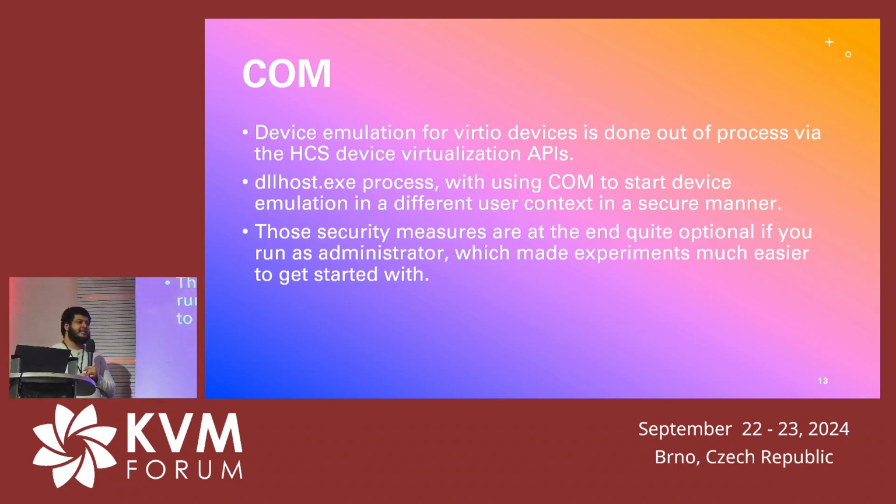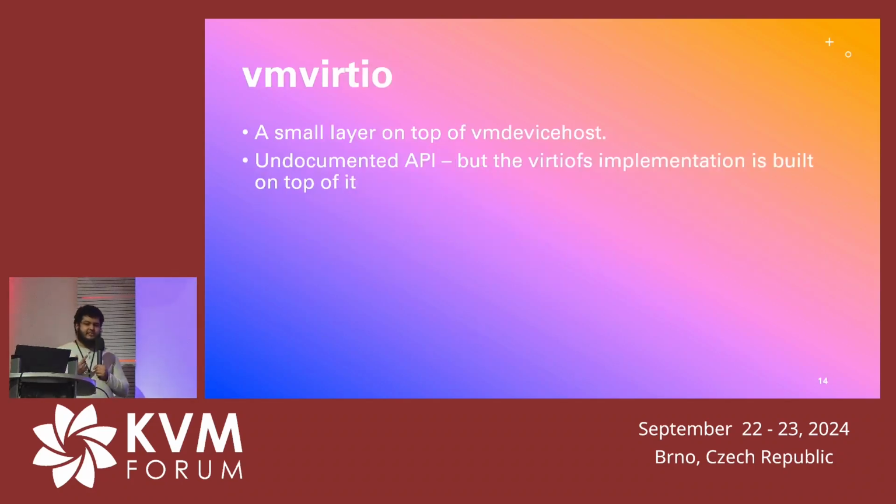So if you run as administrator, you can skip implementing most of this. Then there is vmwp, which is a small layer on top of VM device host implementing a Virtio-specific infrastructure. It's undocumented, but the VirtioFS implementation is built on top of it.